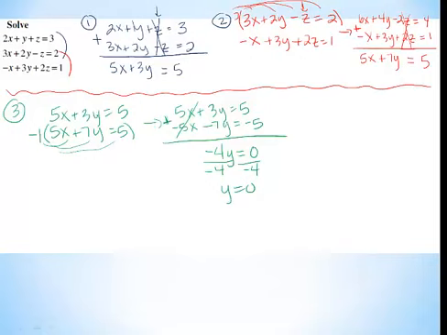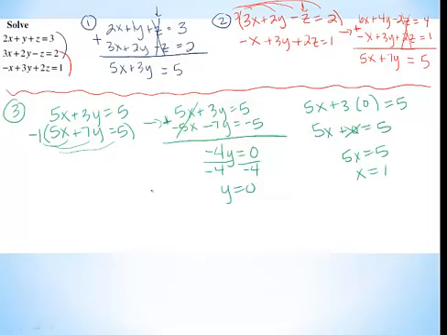I don't care if you pick this one or this one. We'll plug them back into something of the step 3 method here. So 5x plus 3 times your y, which is 0, equals 5. So 5x plus 0 equals 5. We don't need that. So 5x equals 5, and x will equal 1.